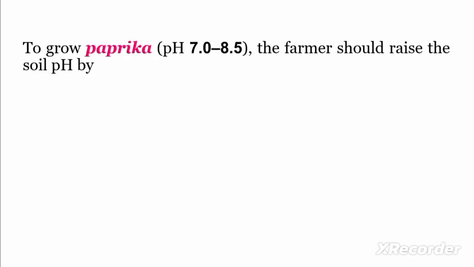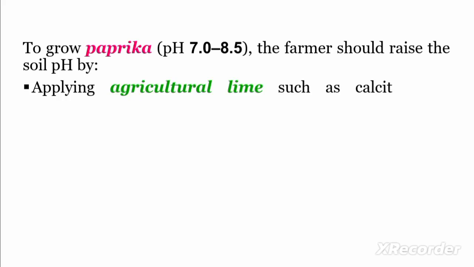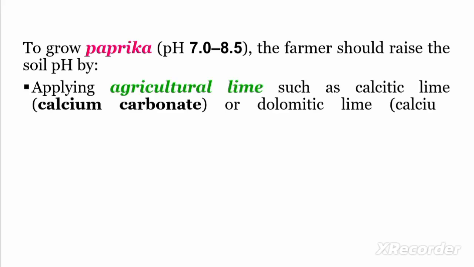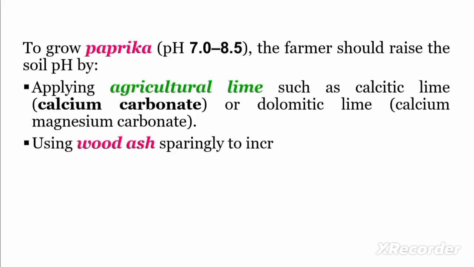So what are we going to say here? To grow paprika, with a pH of 7.0 to 8.5, the farmer should raise the pH by applying agricultural lime such as calcitic lime, calcium carbonate, or dolomitic lime, calcium magnesium carbonate, or using wood ash sparingly to increase the alkalinity of the soil.